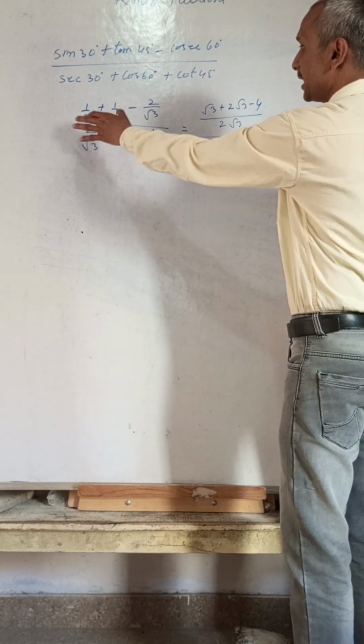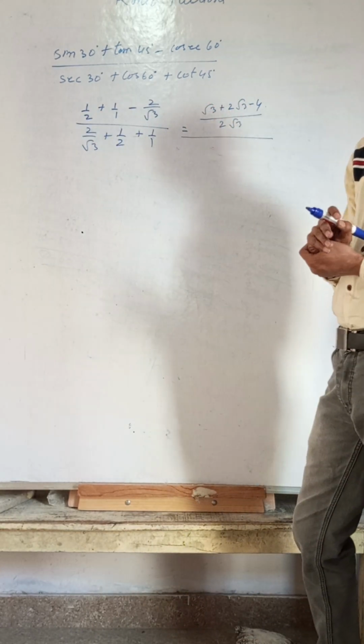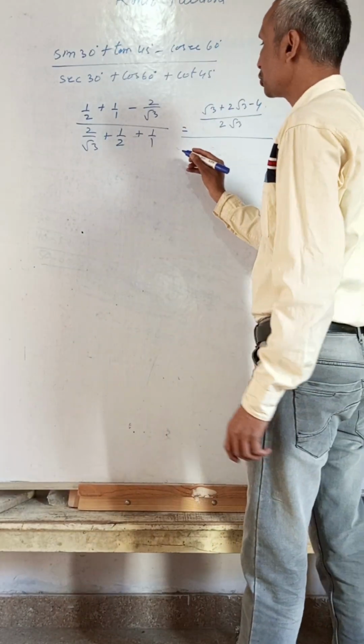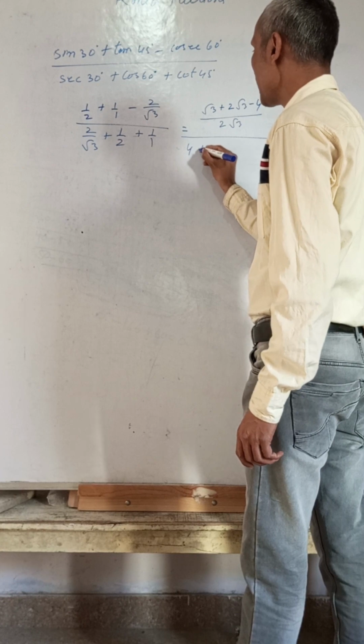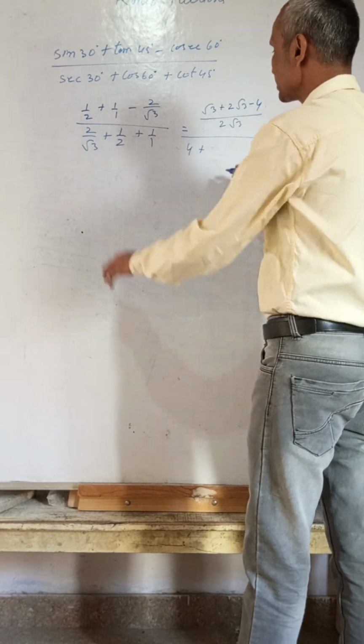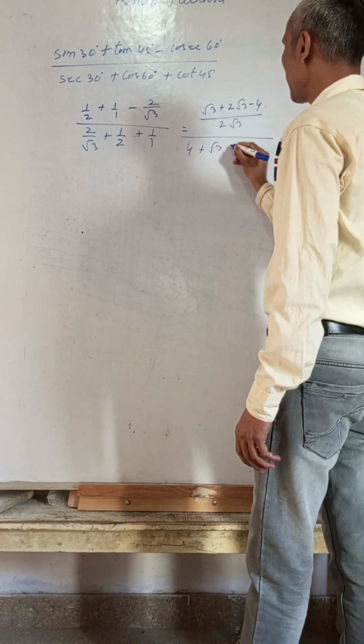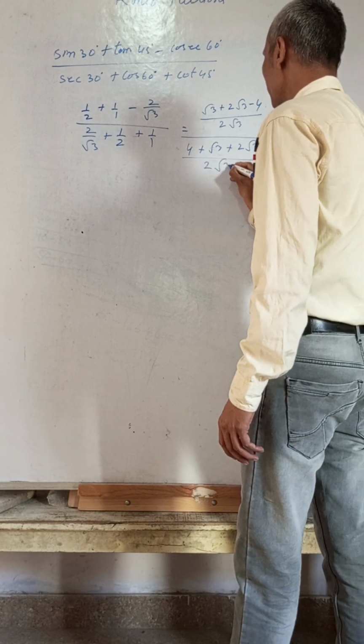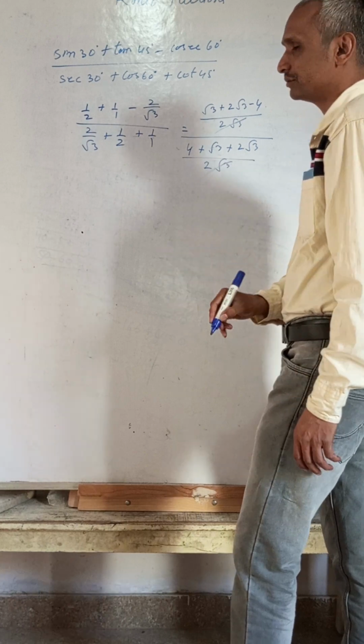In the denominator also, the LCM is 2 root 3, so we write 4 plus root 3 plus 2 root 3, over 2 root 3. The 2 root 3 cancels.